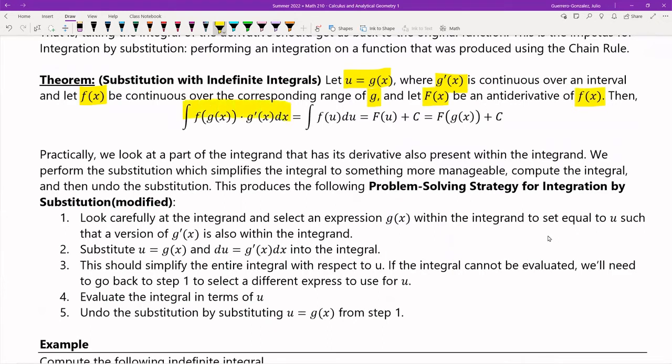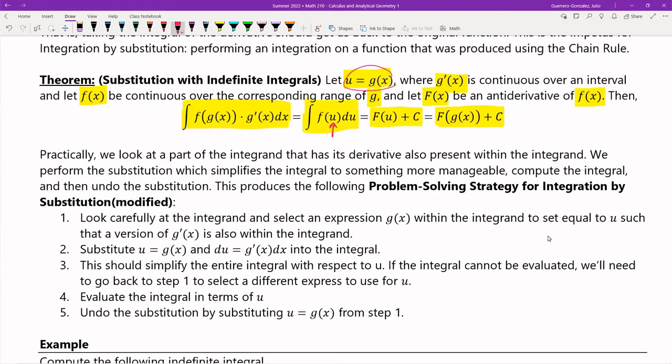Then the integral, notice how the integrand, the thing between the dx and the squiggle, looks like a chain rule thing, right? Then this integral can be substituted like this. It's going to be equal to F of u plus C, which is equal to F of g of x plus C.